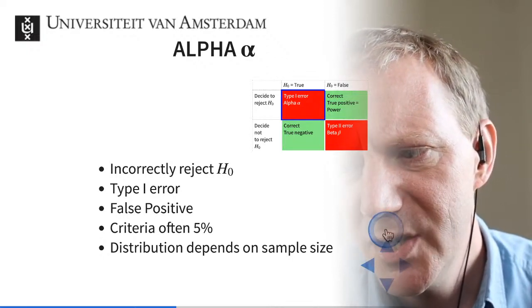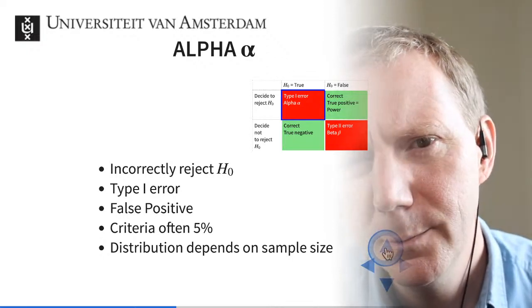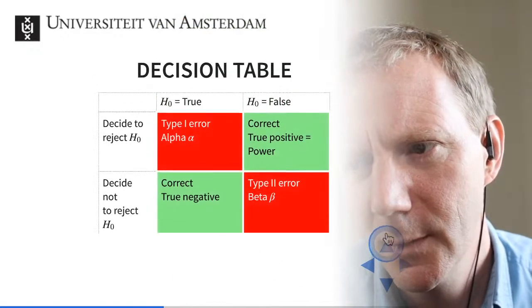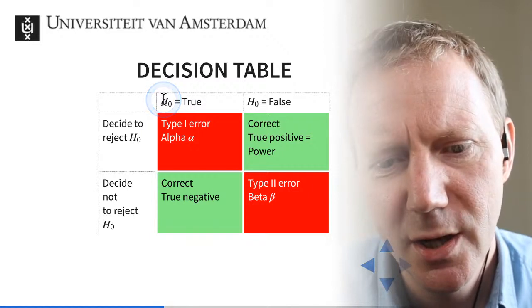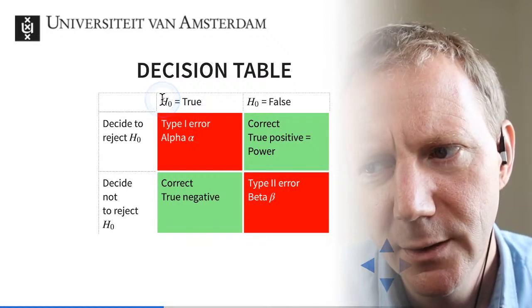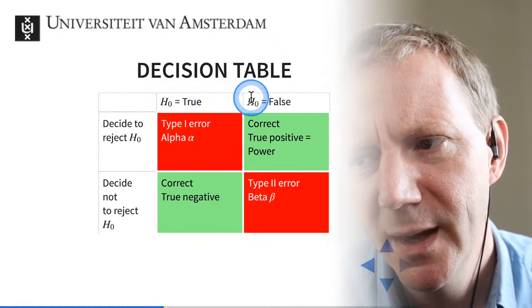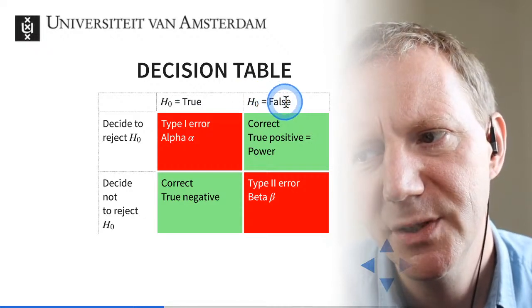So if you look at the decision table, you have the columns which state the null hypothesis is true, and the alternative hypothesis is false.